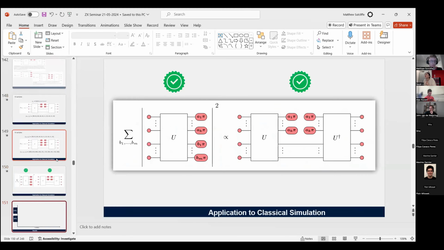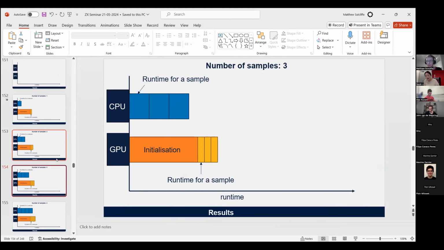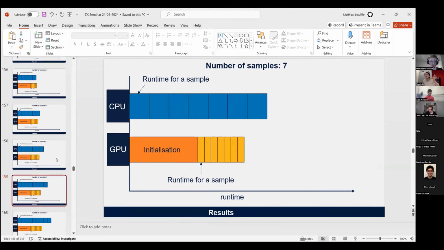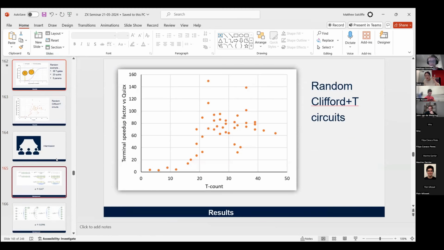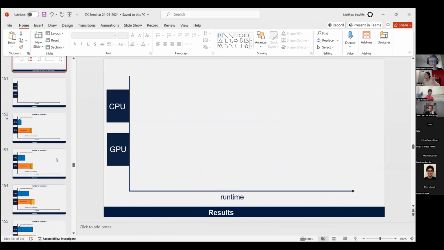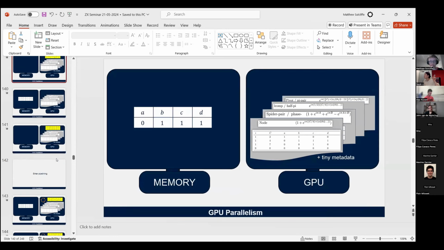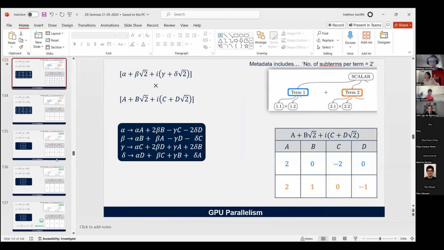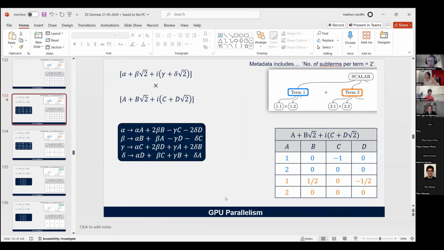Actually, I have a question about the solving for this Y. So I think you have this lookup table that you have A, B, C, D. And are those entries in your unitary matrix? No. So instead of storing our scalar expressions as, say, 1 plus i or 1 plus root 2 i, we could just store it as the coefficient.